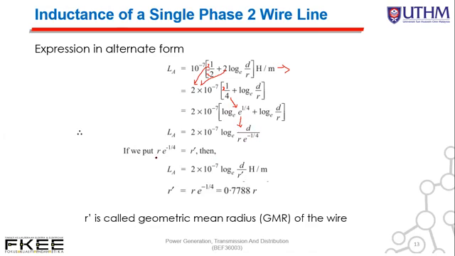If we put R exponent minus 1 over 4 as R prime, then we get the inductance in conductor A as 2 times 10 to the power of minus 7 log exponent D over R prime Henry per meter, where R prime is R exponent minus 1 over 4, which is 0.7788 R. So this is how we got the value of R prime. And R prime is called the geometric mean radius of the wire.